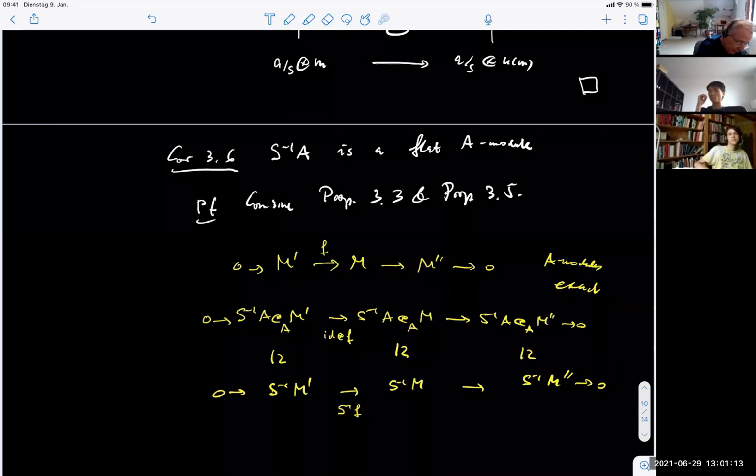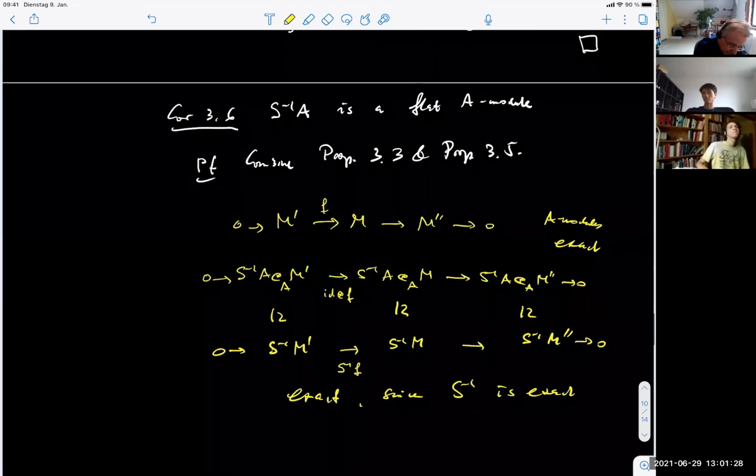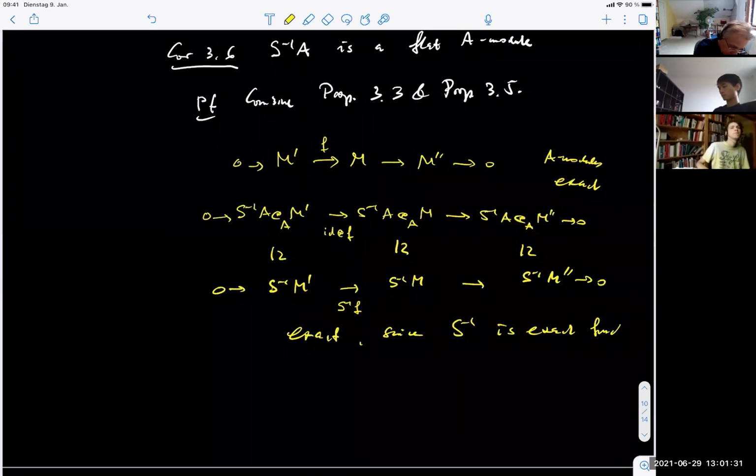So if I want to show that this is exact, I just show that this is exact. But this is exact since S to the minus 1 is an exact functor. Is it clear now? Okay, good.